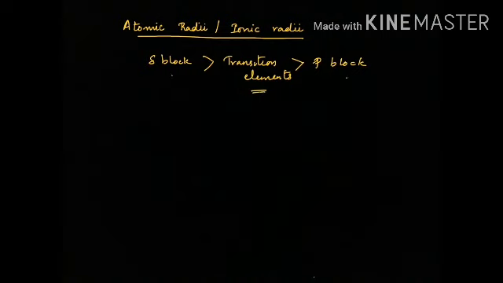Okay, so now we consider the atomic radii of the transition elements when we go across a period. In the transition elements, as the atomic number increases, the atomic radii first decrease, and after some time become almost constant, then gradually increase.